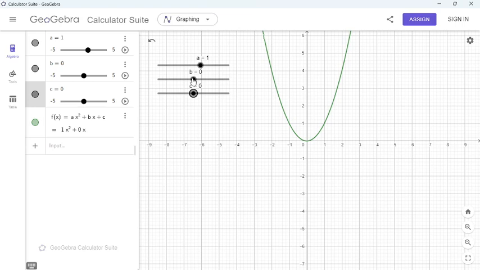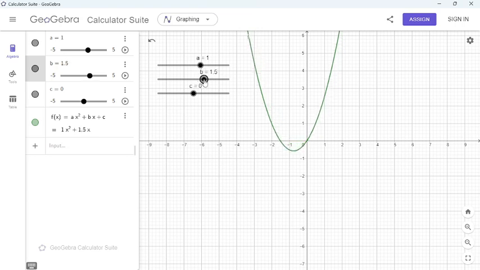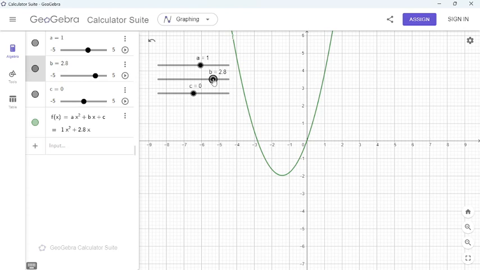Let's change b to be positive and see what's happening. Can you see? The graph is shifting to the left when b is positive. Can you see the movement to the left? At the same time it's going down a bit, because after getting the value of x from this b, which is the x at the turning point, it will also affect the y value.